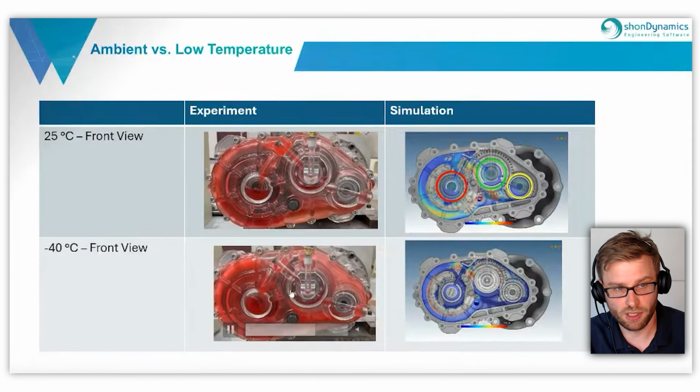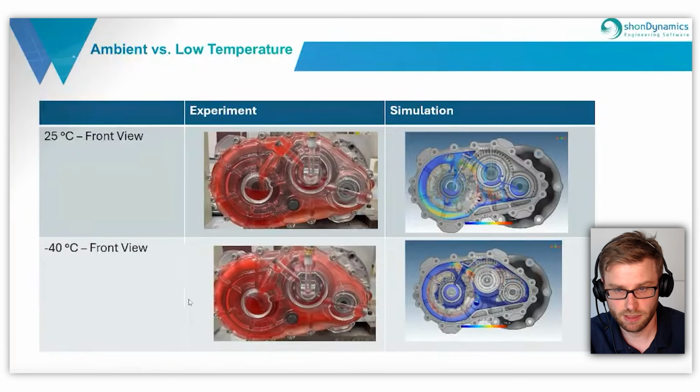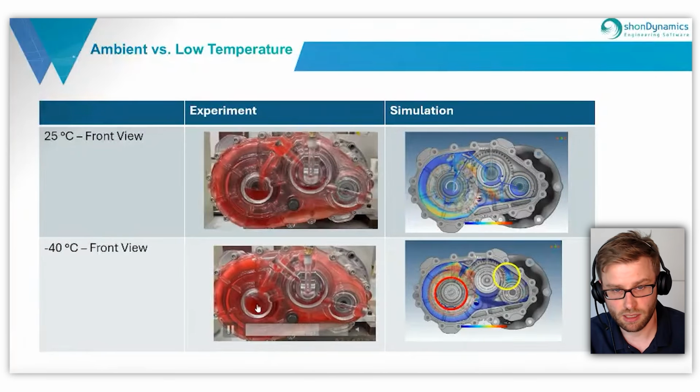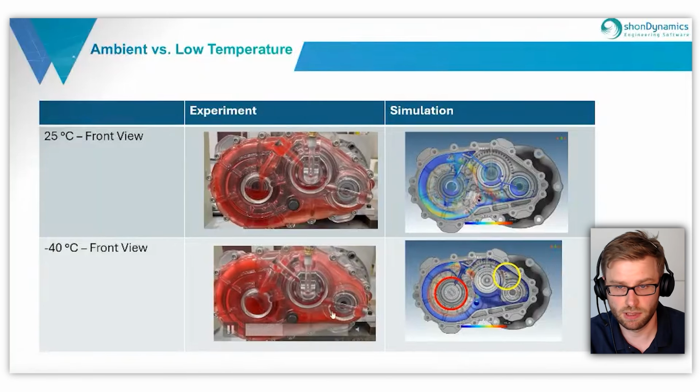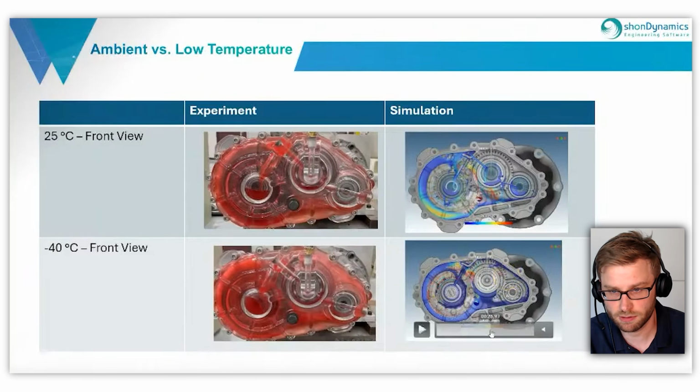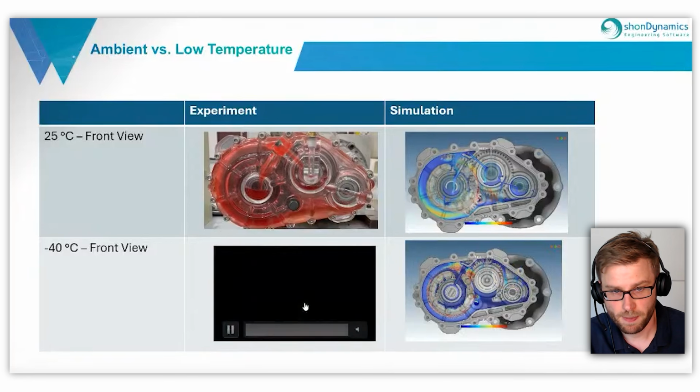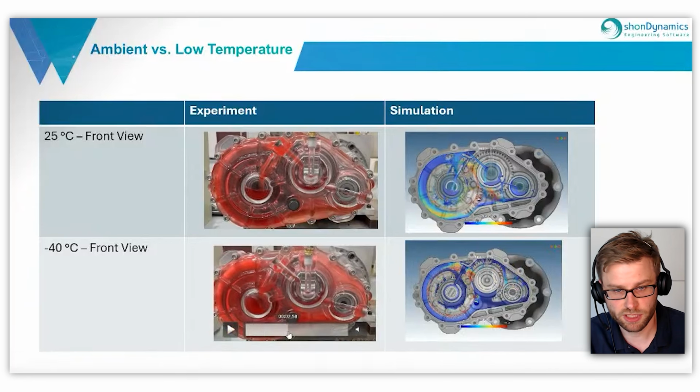If we compare it now to the minus 40 degrees, where the viscosity is much higher, we get only fluid inside the output bearing. And also in the simulation, the distribution is a little bit different.